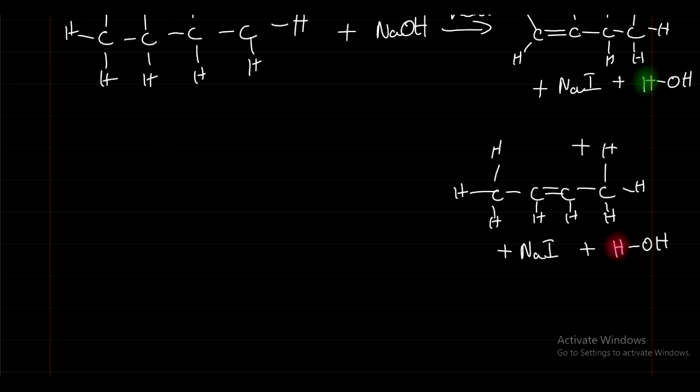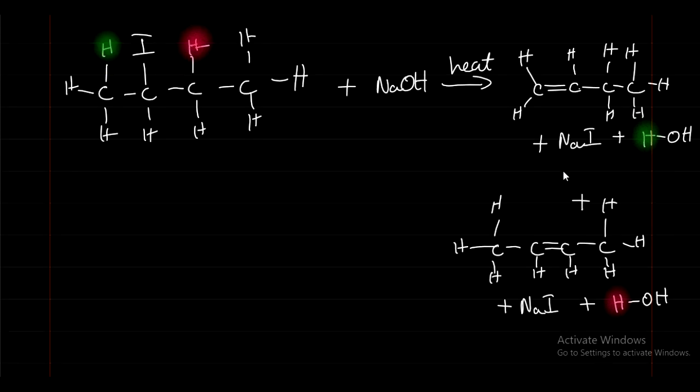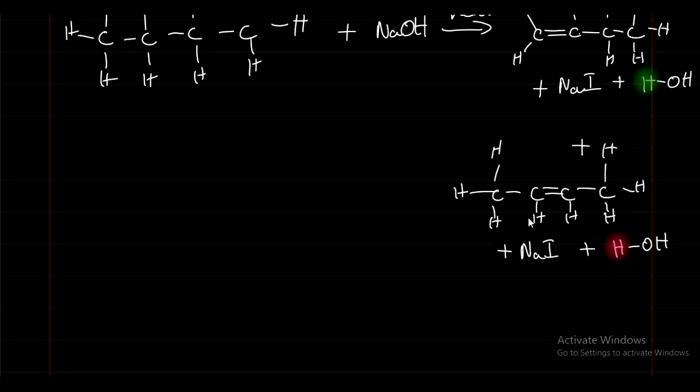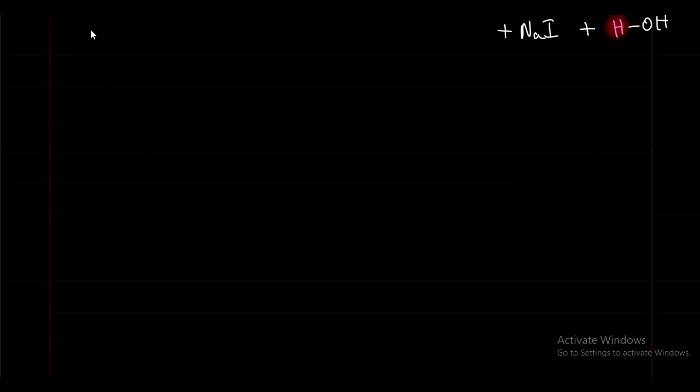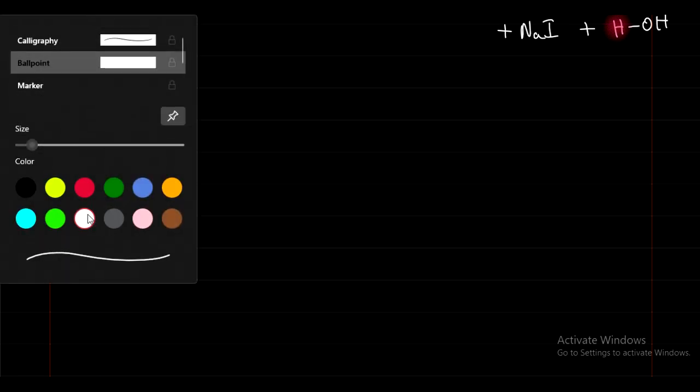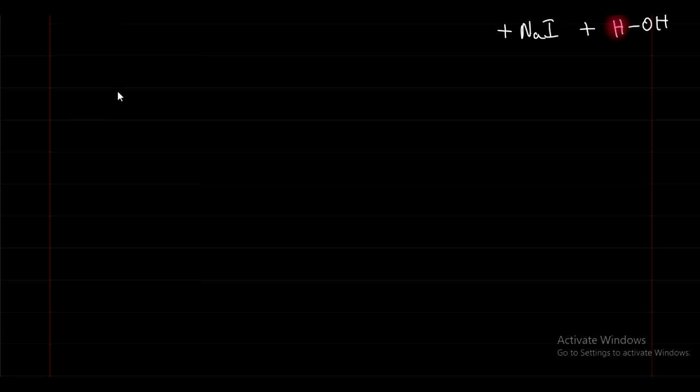So which one are we going to take? We don't just decide things, we use rules and laws. There is a rule called Zaitsev's rule. So what is Zaitsev saying?